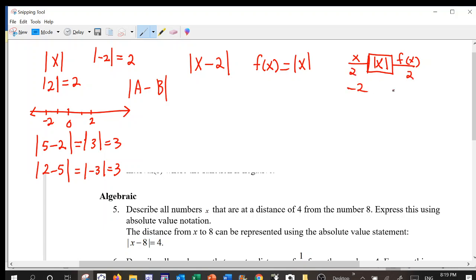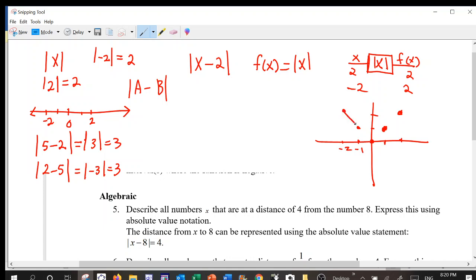If you put a negative 2, 2 comes out, and so forth. If you graph such a function, 0 goes to 0, 1 goes to 1, negative 1 goes to 1, right? And so forth. 2 goes to 2, and negative 2 goes to 2 again.